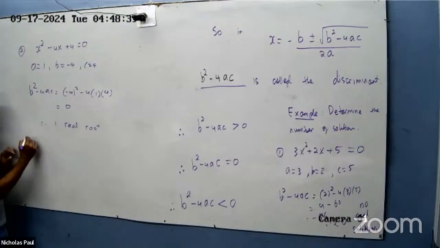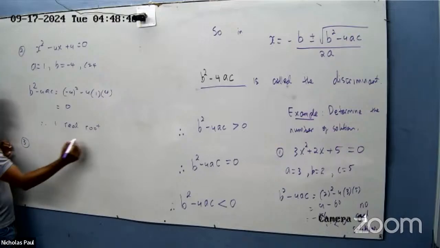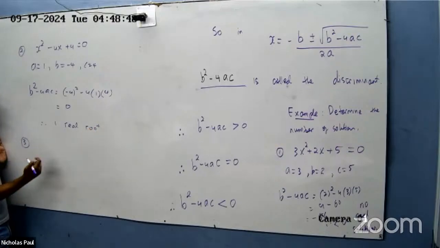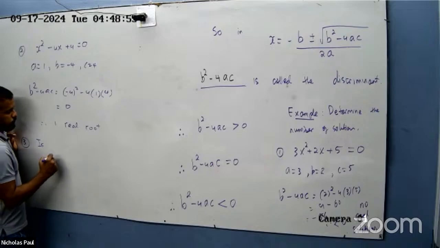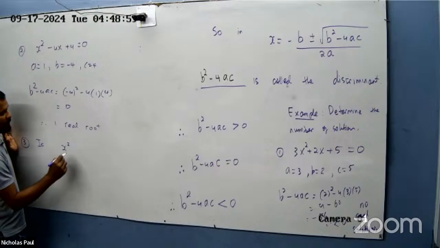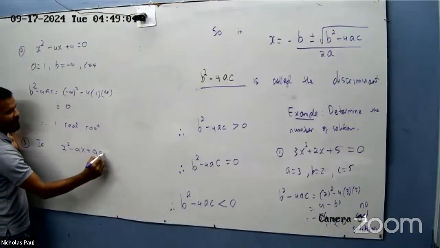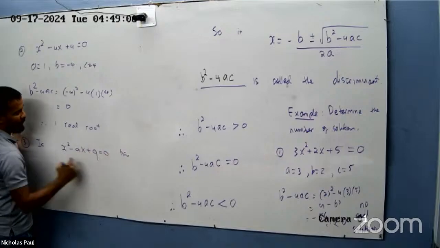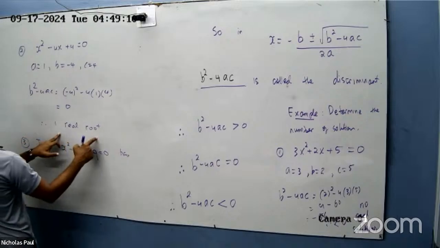I just want to change it. Admas wouldn't give it that easy. Here's what Admas will say. Let me make up a nice one: x squared minus ax plus 9 equal to 0.